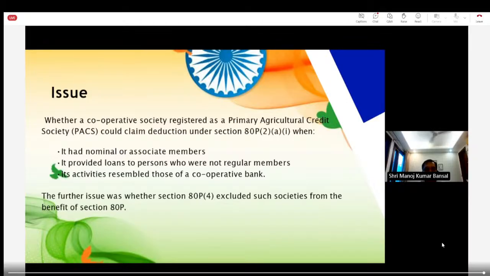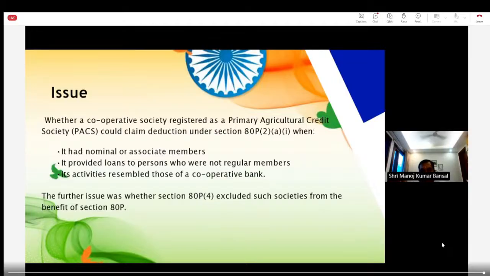It provided loans to persons who were not regular members. Its activities resembled those of a cooperative bank. The further issue was whether 80P(4) excluded such societies from the benefit of ATP.